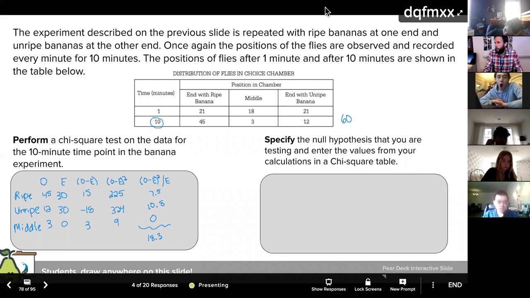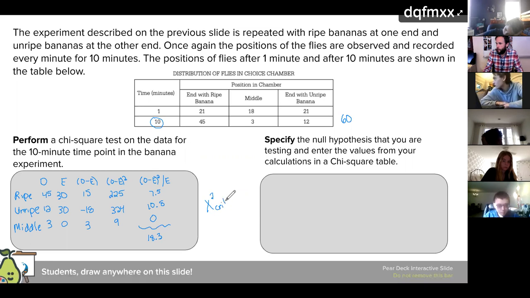So chi-square crit is 5.99. And I bet you can see already 18.3 is greater than 5.99.